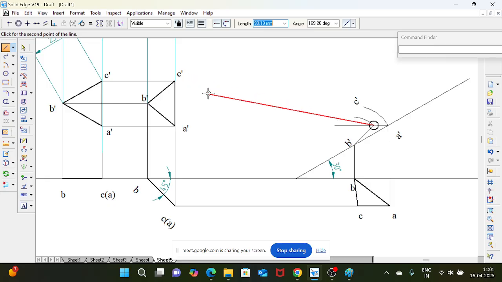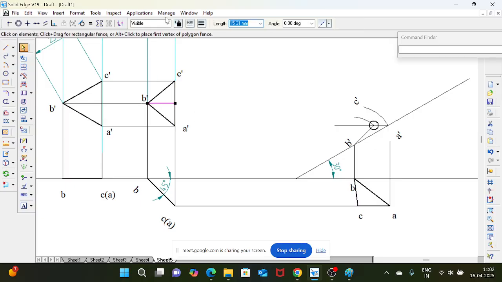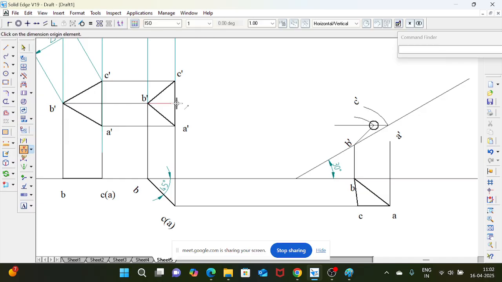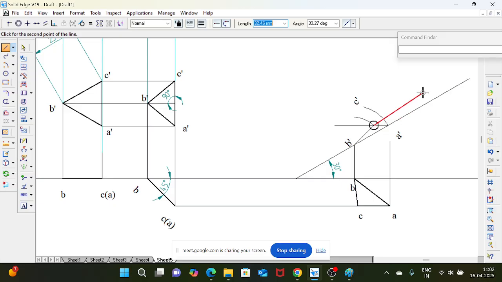So locate A and C. Here you see, if you draw this line, this is 90 degrees. You can see the angle between these two lines is 90. You already have this line B to midpoint. From here you have to take 90 degrees. So this is the 45 degree line, right? 45 degree line means I will take 45 plus 90.